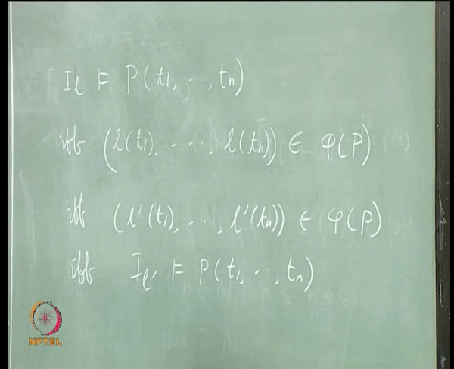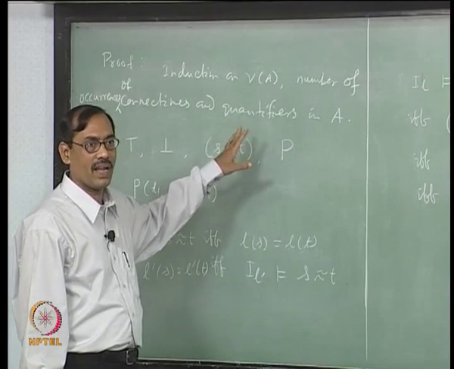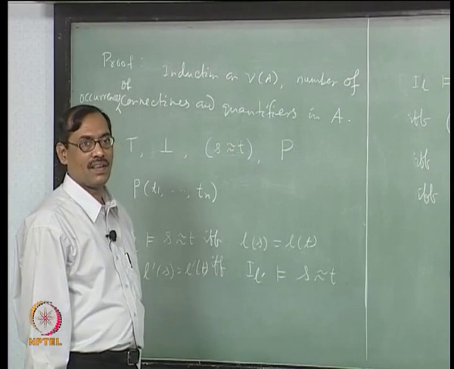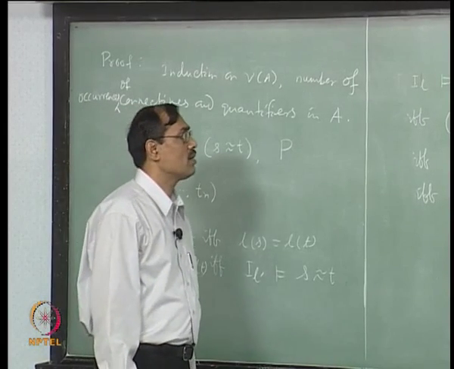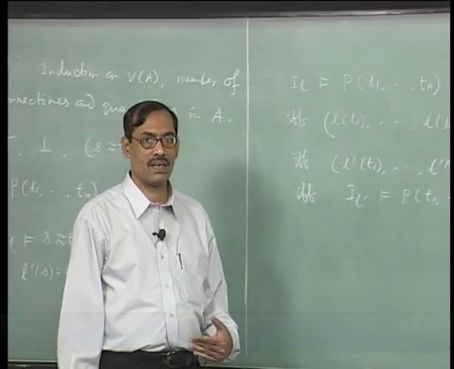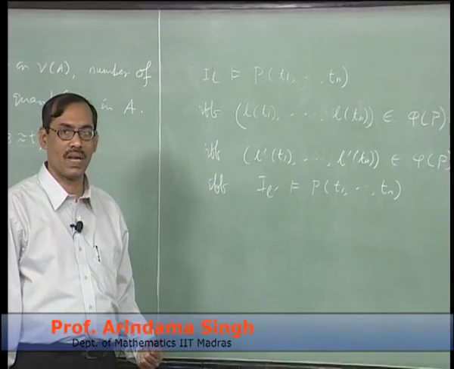Now, for the induction step, suppose the number of occurrences of connectives is k or up to k, the statement holds. Then for k plus 1, whether it holds or not. If the number of occurrences of connectives and quantifiers taken together is k plus 1, how will it look?